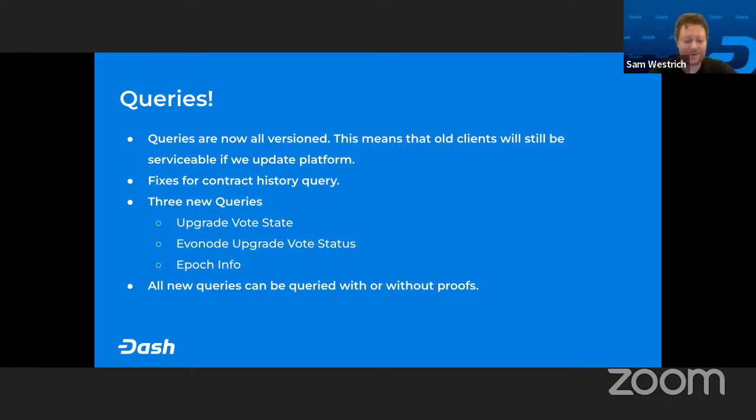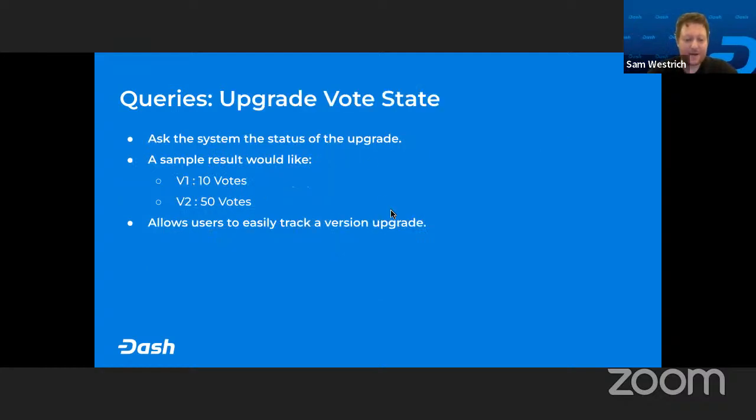I'm going to get more into these 3 queries on the next slides because they're very interesting. All the new queries can work with proofs or without proofs. Generally, it's recommended to use proved queries, but sometimes if you want to make things really easy for yourself, you can just query and trust the masternode that you're querying, but it's better to use proofs.